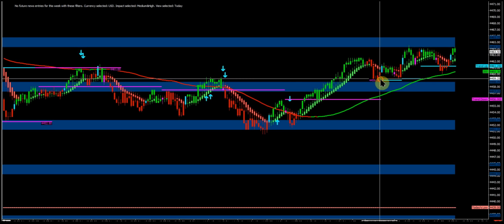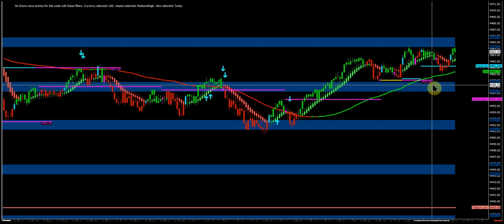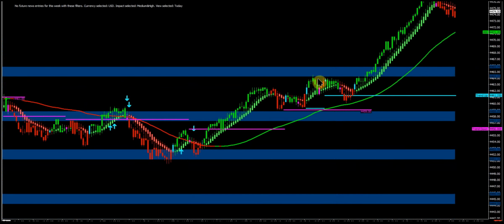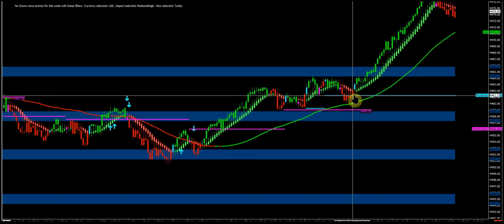It doesn't print until here, so I don't want to start that until right there. So I just draw a line. It goes up. Now I've got another line right here. Here's a pullback line for the long, coming down and then coming back up through it, just like this guy. Take that long right there.